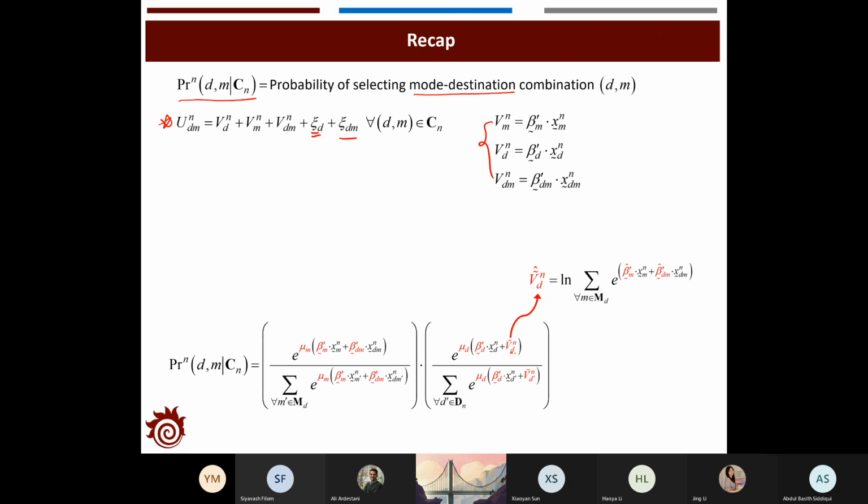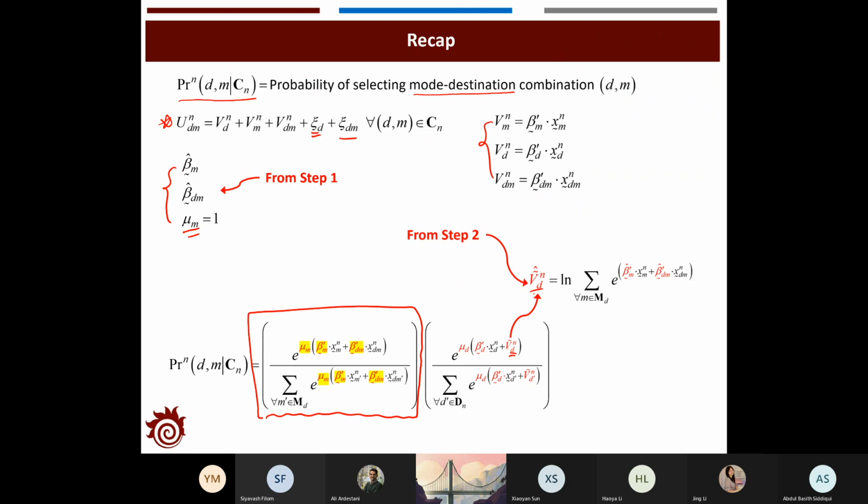In the marginal probability, we will be able to find out the log sum term. Then for the calibration, in the first step, we will try to maximize the first term. The first term gives us the result of beta m and beta dm. We also assume that mu m is 1. And now from the second step, we're going to calculate the log sum term.